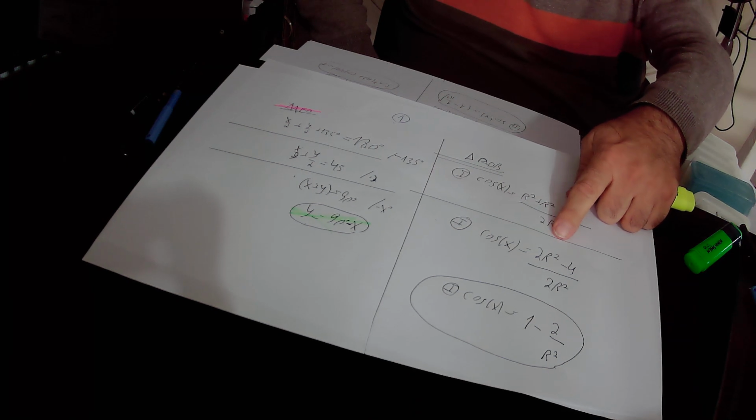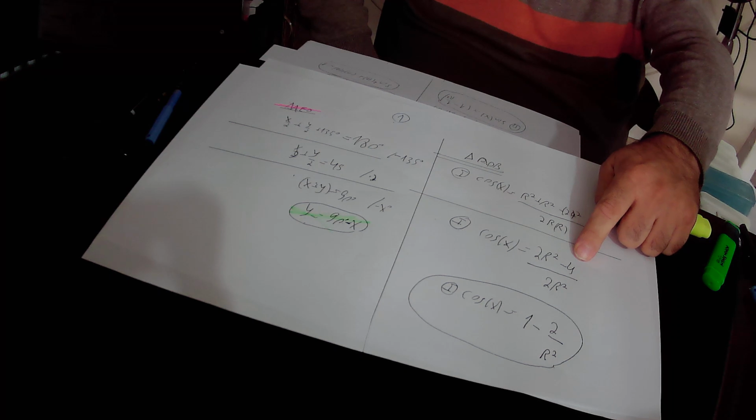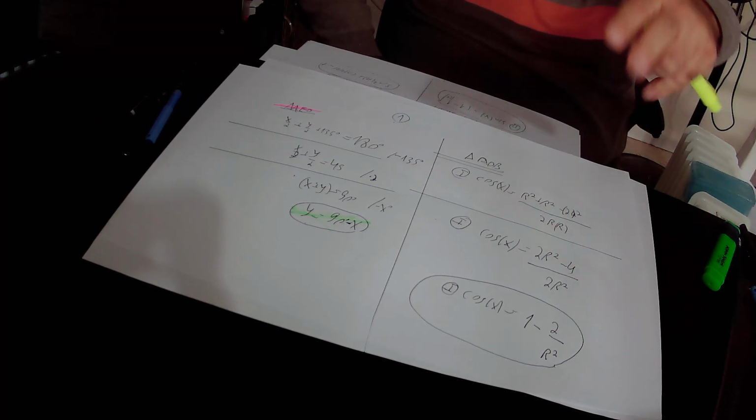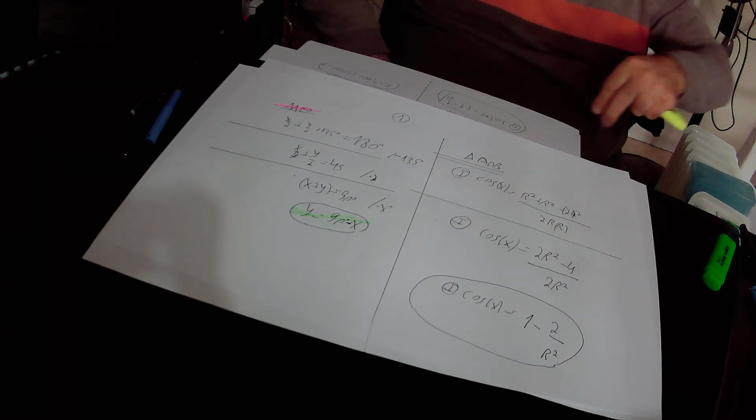So here 2r squared over 2r squared is 1, and 4 over 2 is 2. So here we will have minus 2 over r squared. So, according to equation number 1, we found out that cosine x equals 1 minus 2 over r squared.